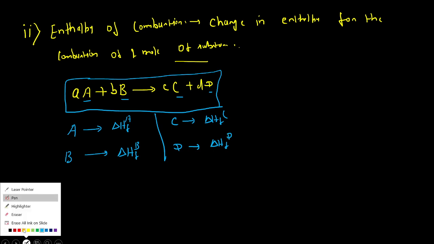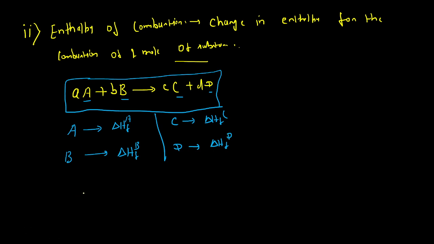Now, if enthalpy of formation data is given, how can I calculate the enthalpy of reaction? Assuming this reaction is reaction 1, delta H of R equals the summation of enthalpy of formation of products minus the summation of enthalpy of formation of reactants, right?